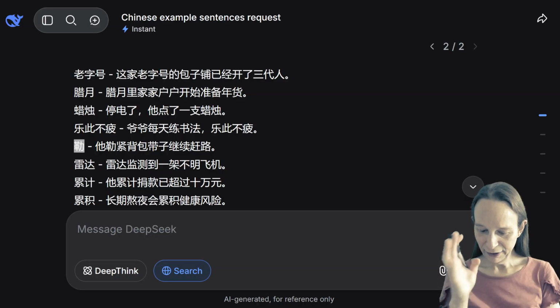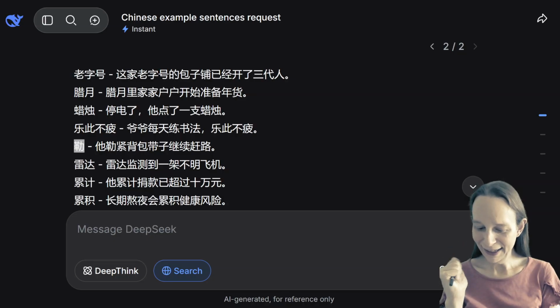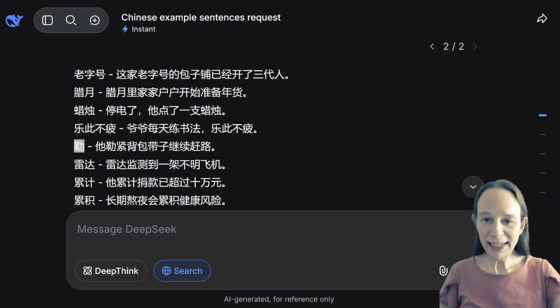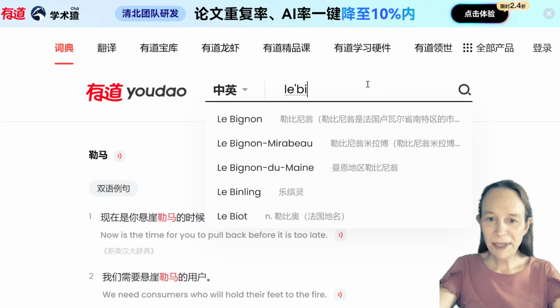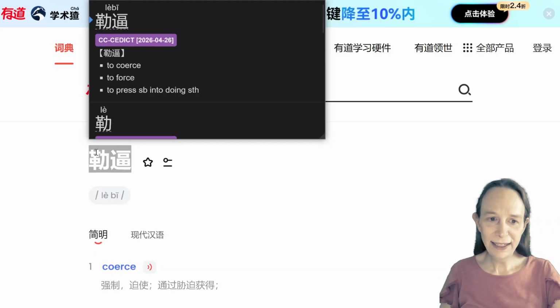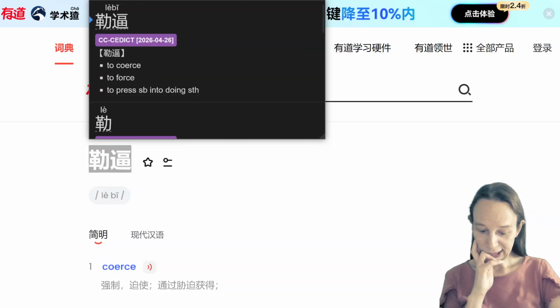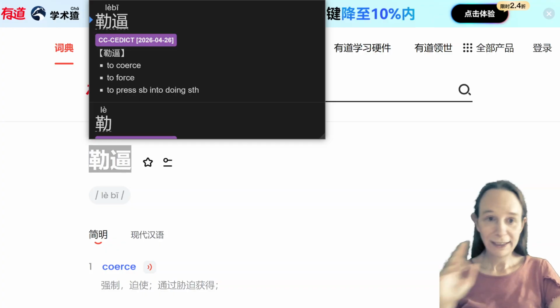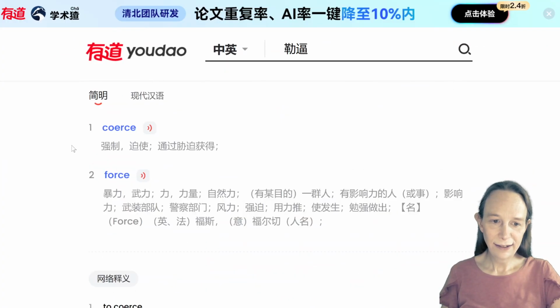So this is control or compel. 勒逼, coerce.